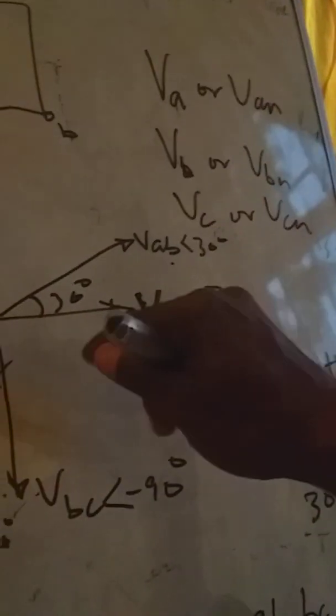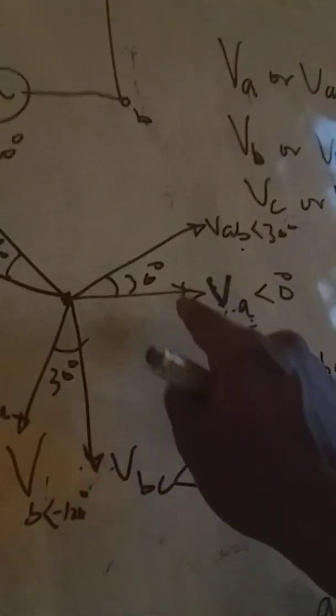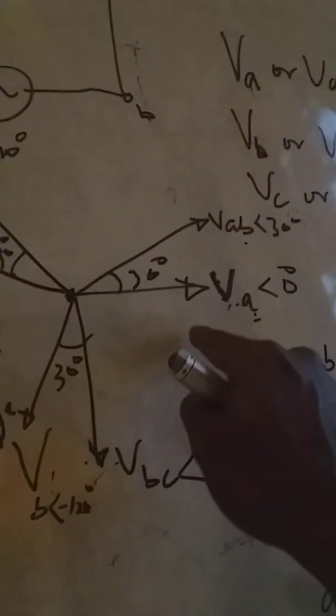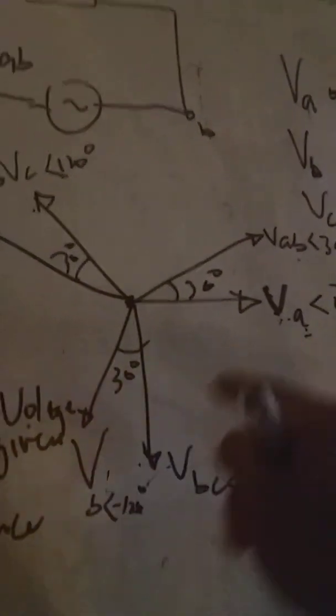Right. Then number three, in a positive phase sequence system, the line voltage will always lead the corresponding phase voltage by 30 degrees. If it is negative phase sequence, the phase voltage will lead. That means the line voltage will lag the phase voltage by 30 degrees.